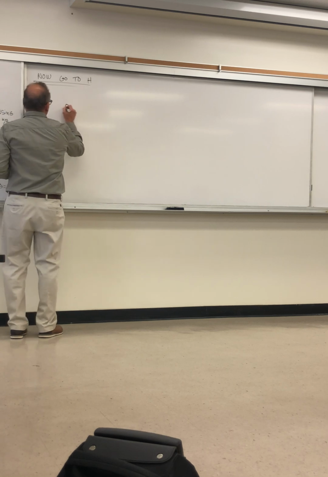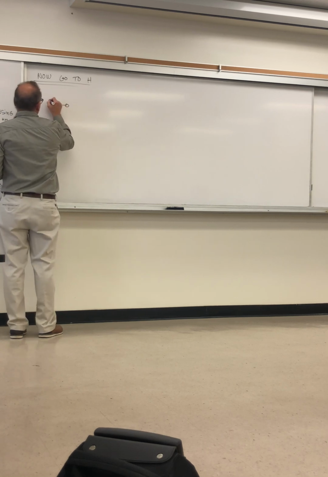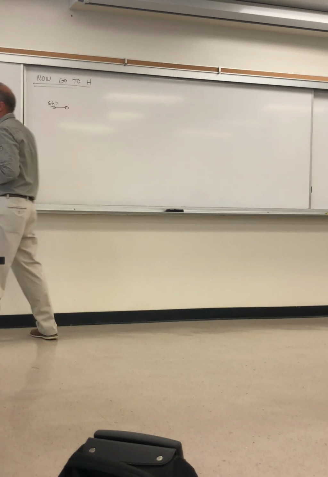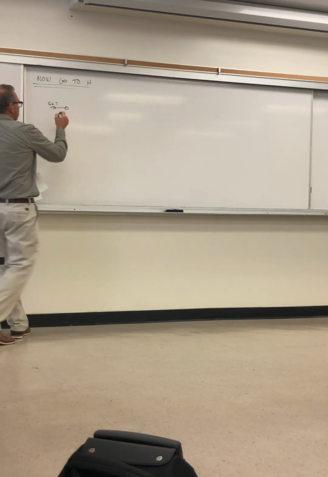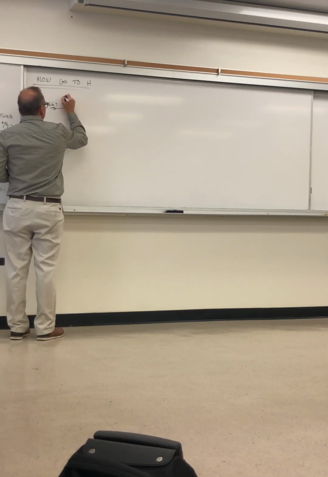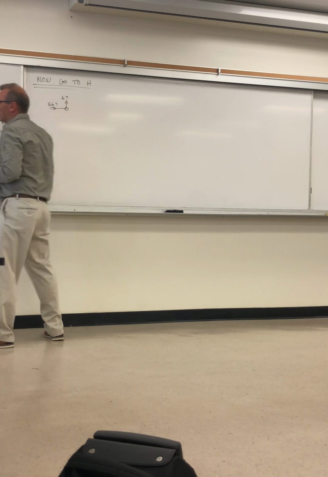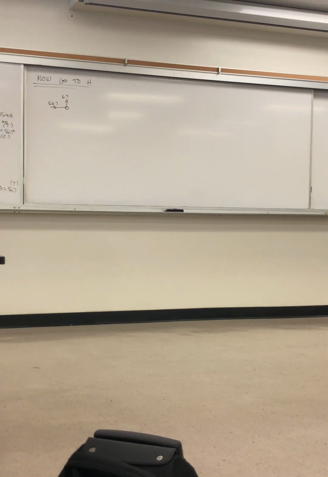At my joint, I have 56.7 pulling to the left, 6.7 up, pulling up, this is tension force. I'm going to assume this is a tension force here, H to I, F of HI.